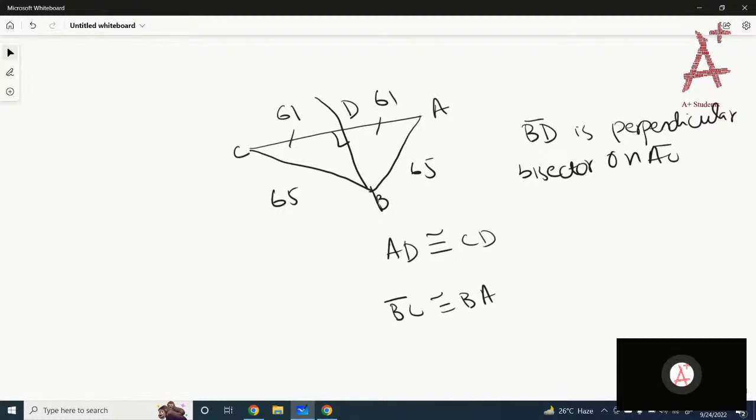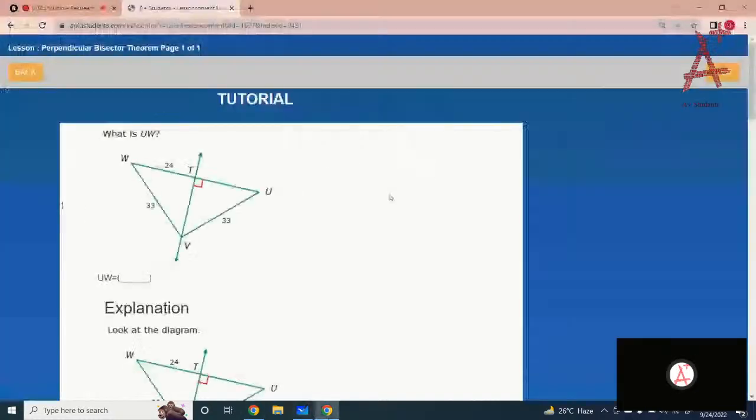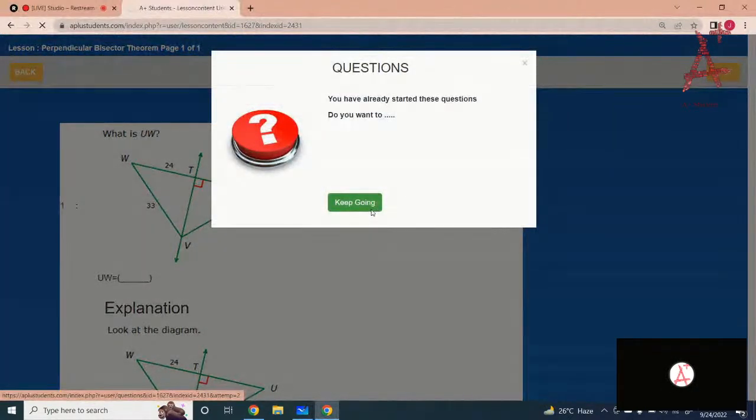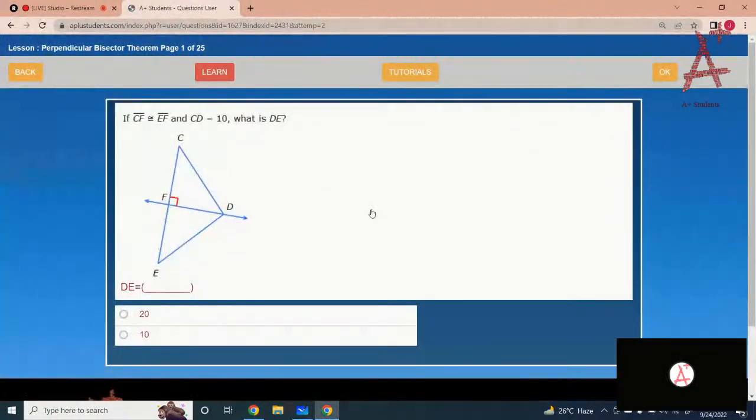Okay, on the top right corner, you have a test button. So just click on the test. Okay, if CF and EF are congruent and CD equals 10, so what is DE? Is it 20 or is it 10?